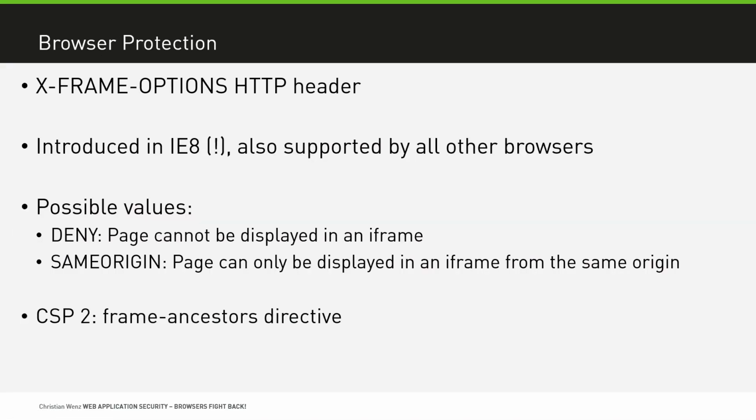There's one option that was invented, of course, by the best secure browser on Earth for a week, Internet Explorer 8: the X-Frame-Options HTTP header. The X-Frame-Options header, if set by the server, says this page can not be loaded at all in an iframe, value deny, or can only be loaded in an iframe on a page of the same origin.